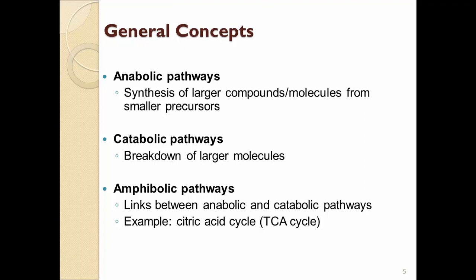Okay, more important general concepts about the anabolic pathways, catabolic pathways, and metabolic pathways. So anabolic pathways usually are these pathways that synthesize larger molecules from the smaller molecules. Okay? For example, glycogen synthesis. So glycogen can be synthesized from the small glucose molecules, right? So glycogen is a very complex molecule. So this process we usually think is the anabolic pathway.